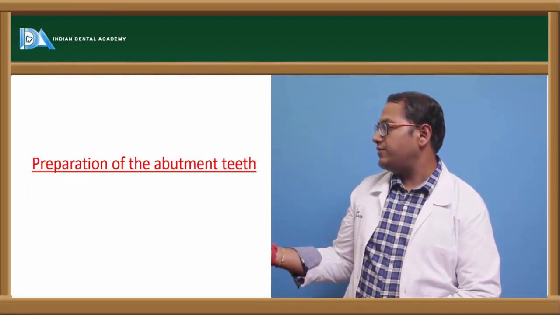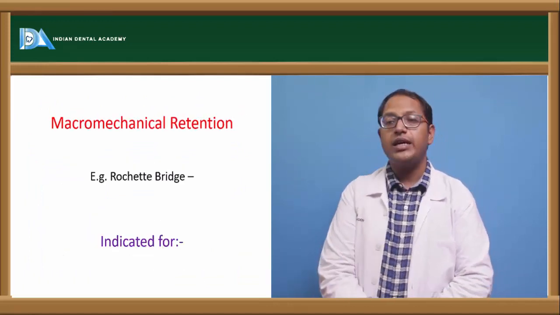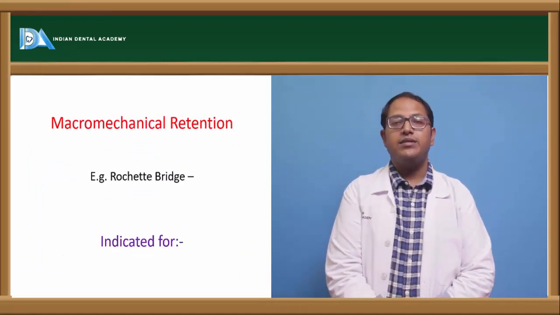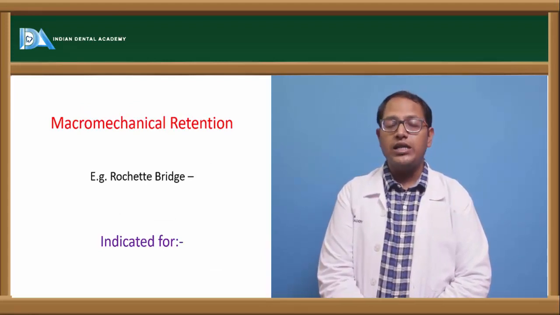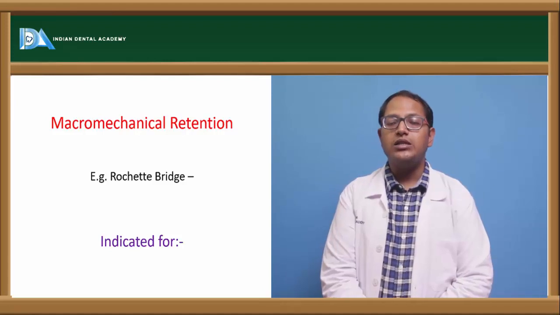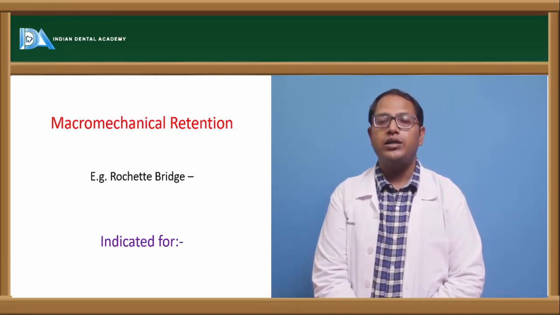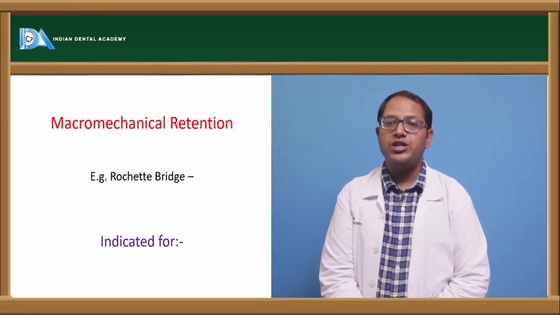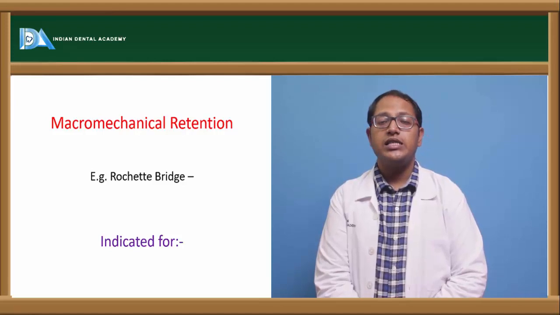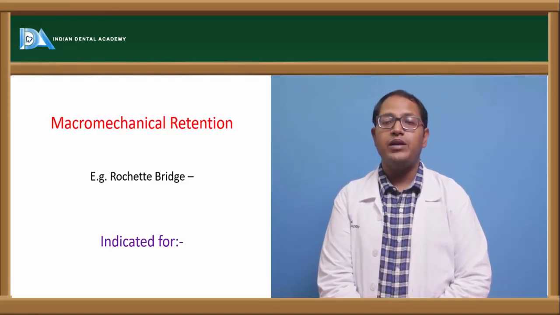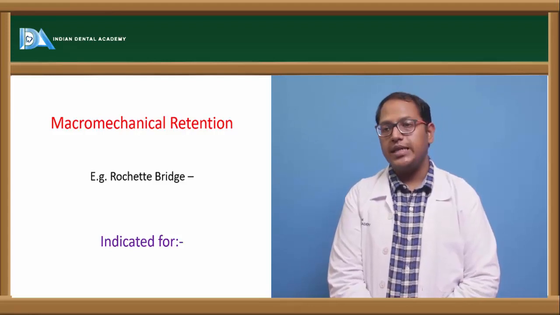It is indicated for immediate and interim replacements, for adolescent patients as part of a complex treatment plan during periodontal or endodontic treatment. For those patients whose prognosis is uncertain, or at risk of trauma, for example patients who are into contact sports, it is indicated more.